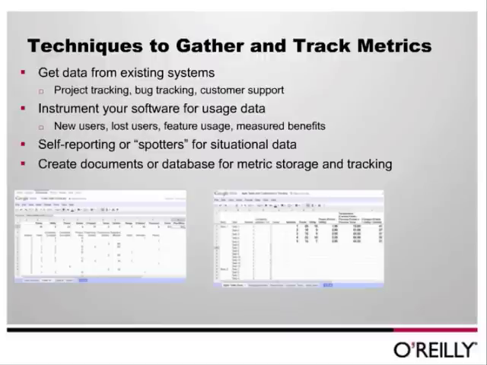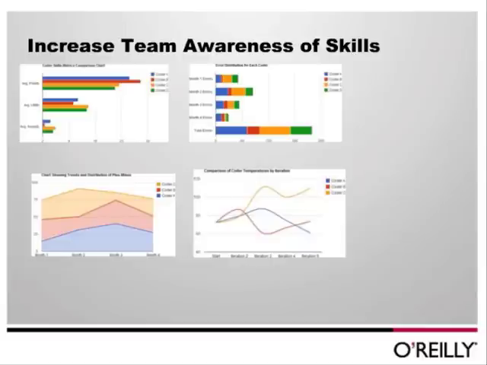Once you've gathered data, now you have the ability to start to look at it, to chart it. One value you can get out of gathering data is to increase the team awareness as to what's going on, what each individual is contributing, and what different strengths individuals are bringing to the team.